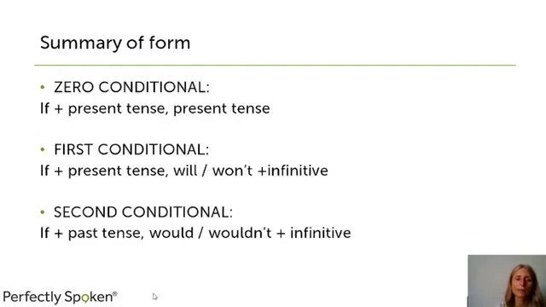Okay, and here is a summary of the form. So zero conditional, if plus present tense, comma, present tense. First conditional, if plus present tense, comma, will, won't, and the infinitive. And the second conditional, if plus past tense, comma, would, wouldn't, and the infinitive.